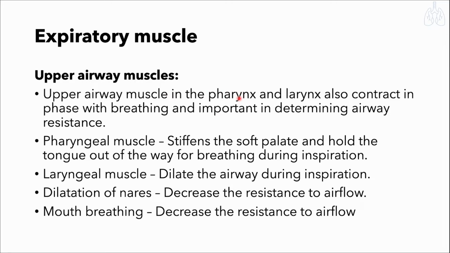The pharynx and larynx muscles contract as well to reduce resistance. The laryngeal muscles and the muscles of nose and mouth breathing are going to dilate the airways so that all the air can get out from the lungs.